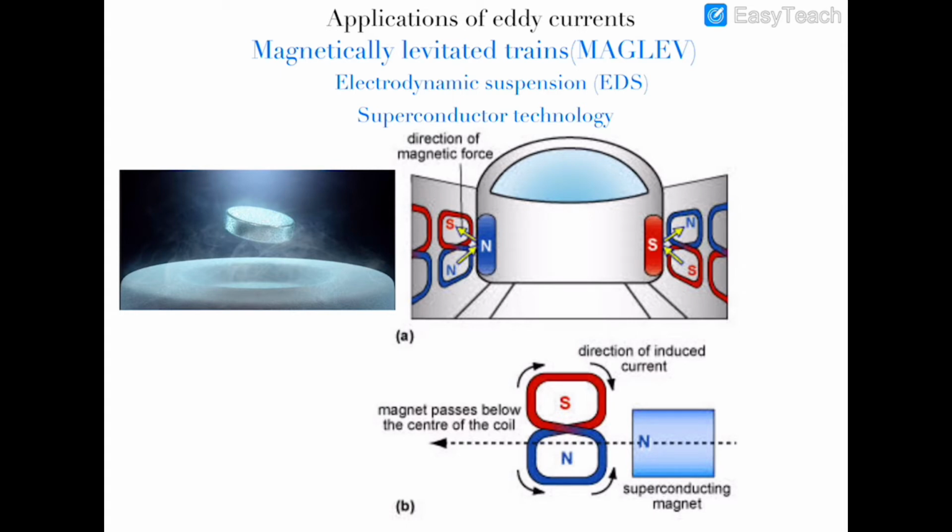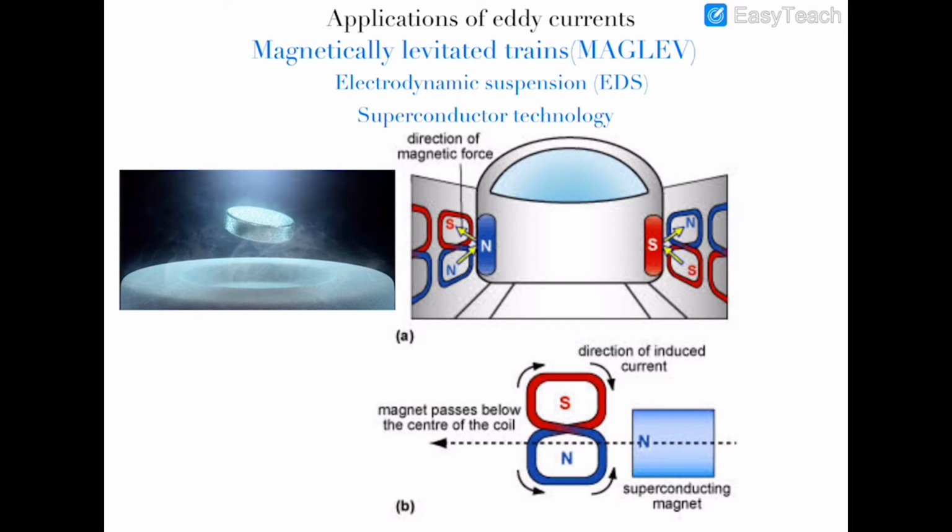So there is a force propelling this superconductor away from this magnetic field, and this force is balancing out its mg. So if any superconducting material is kept in a strong magnetic field region, then it would float like that. This property is used in maglev trains in EDS suspensions.